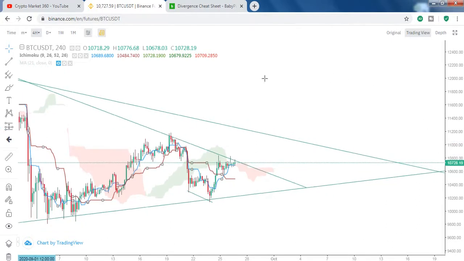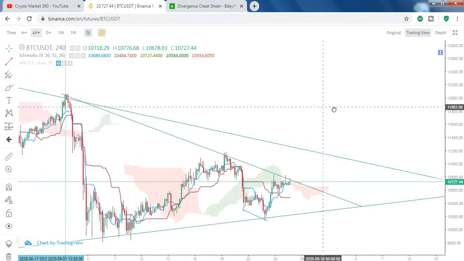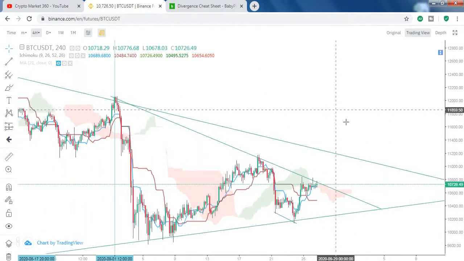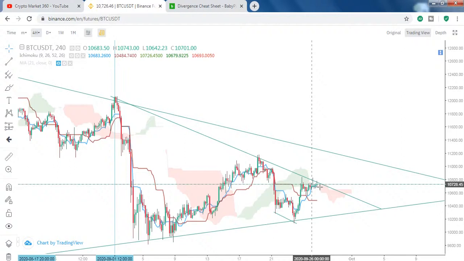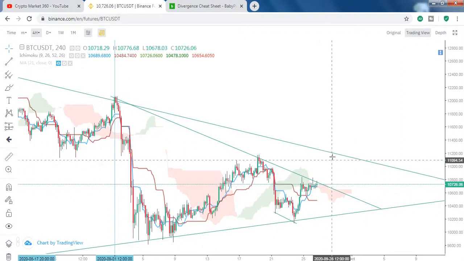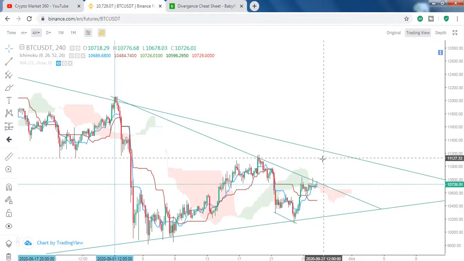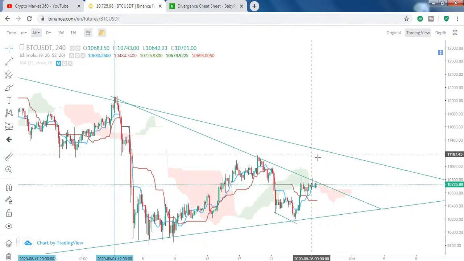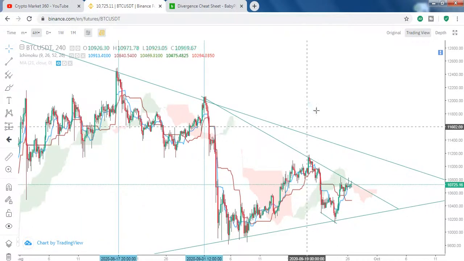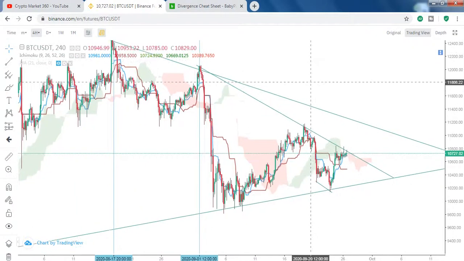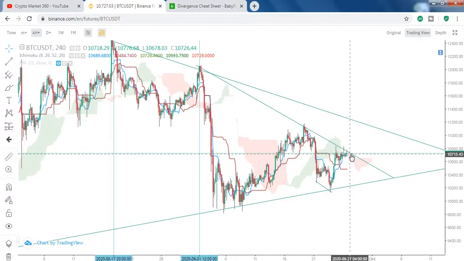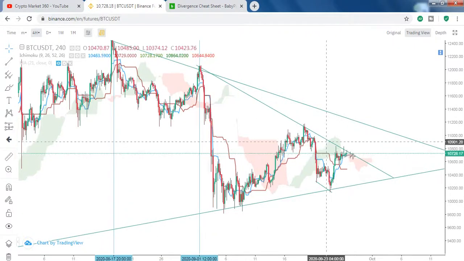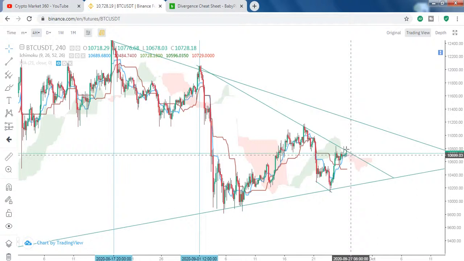My point is, guys, if you have not opened any trade yet, let's wait for some time, because we are going to 11,200, 300. We will see big resistance there. And right now it is not the time to buy long, because we have not broken this line yet.